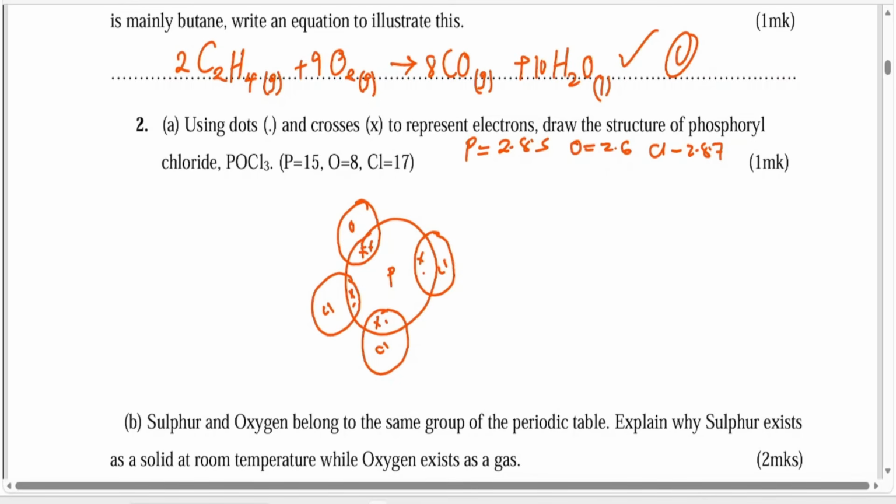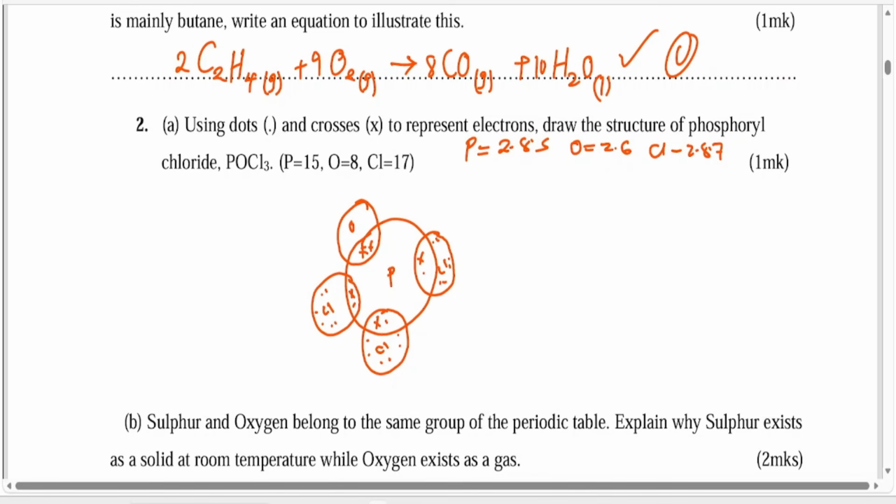Then on the chlorine atoms, I will use dots to show that it gained the 1 cross, that is 1 electron. So I'll fill each chlorine with 6 other electrons, which are dots for chlorines.